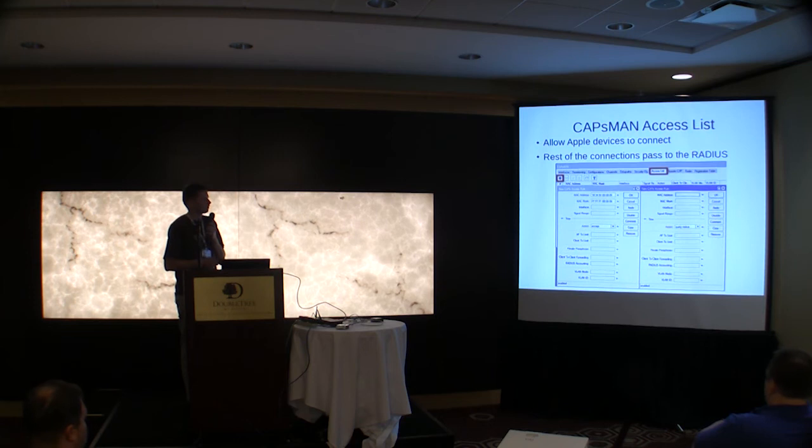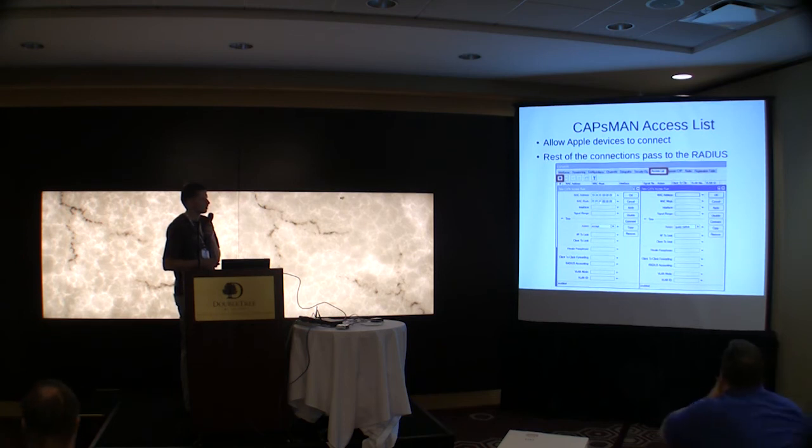So, for example, here's a MAC mask example. You want to allow Apple devices to be able to connect without any authentication. You don't want to add security, maybe because it's, for example, an Apple shop. So you add a new access list rule. We specify, for example, the MAC address mask of Apple devices here, and specify the MAC mask here.